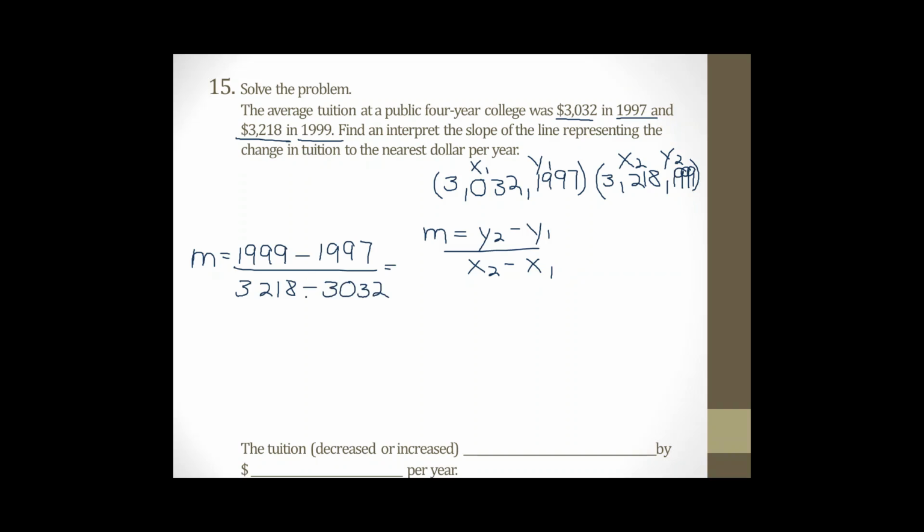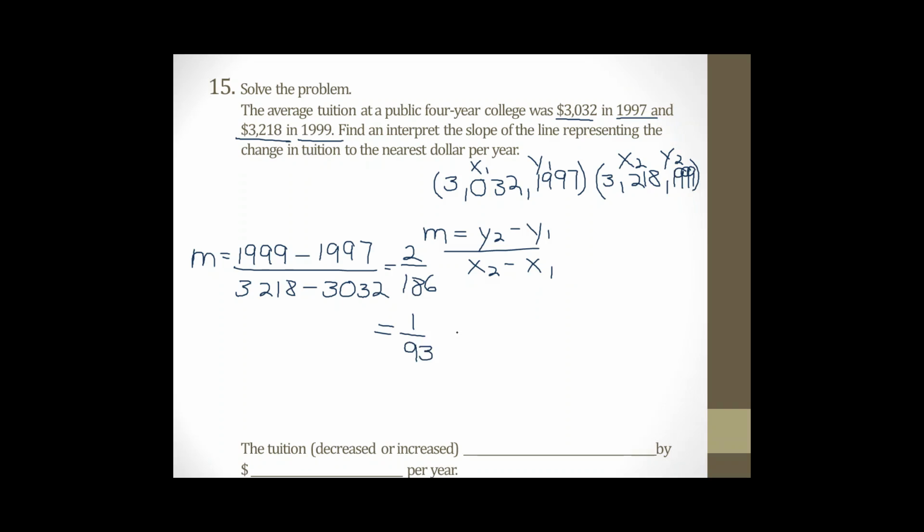Solving these two parts separately, I get 2 and 186. Because we have a fraction, we might want to check if we can reduce it, and because both of these numbers are even, I can simplify by 2. When I divide both by 2, I get 1 on top, and 186 divided by 2 is 93.